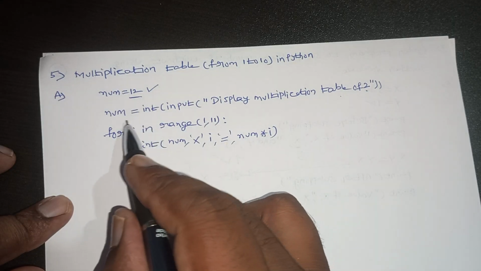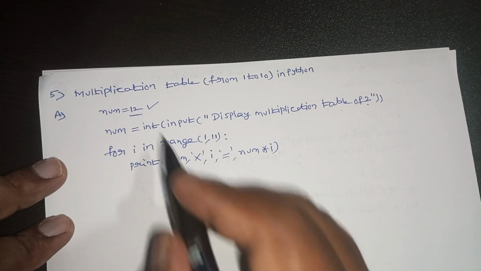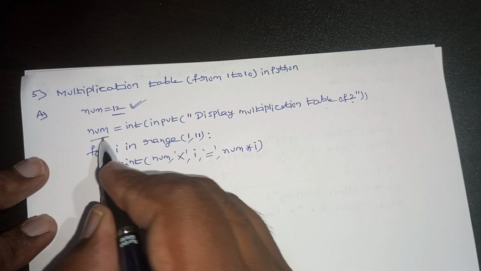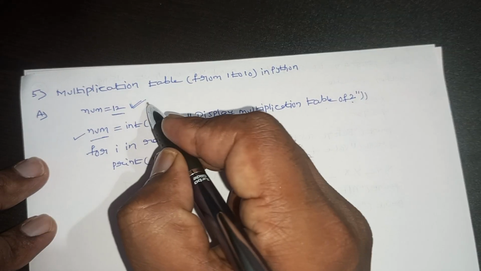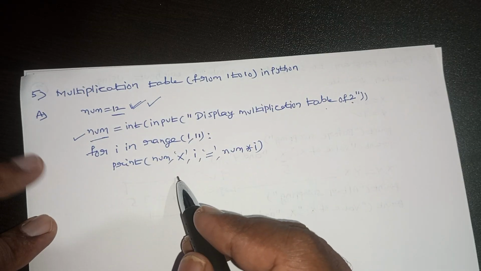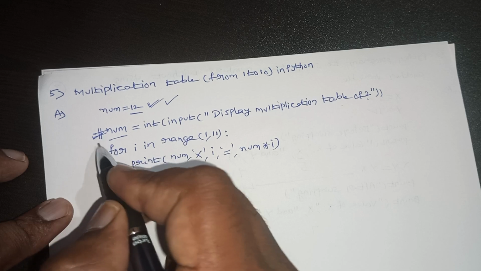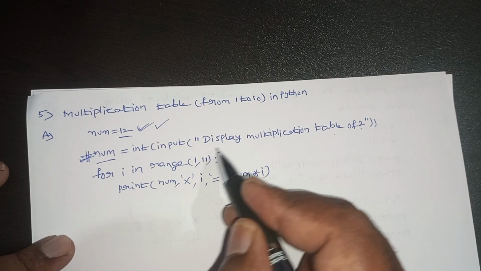If you want to take a fixed value, you do like this. If you want to take a dynamic value, you take like this, but don't take both. You take either this or this. If you want to deactivate one, you add a hash in front of it.